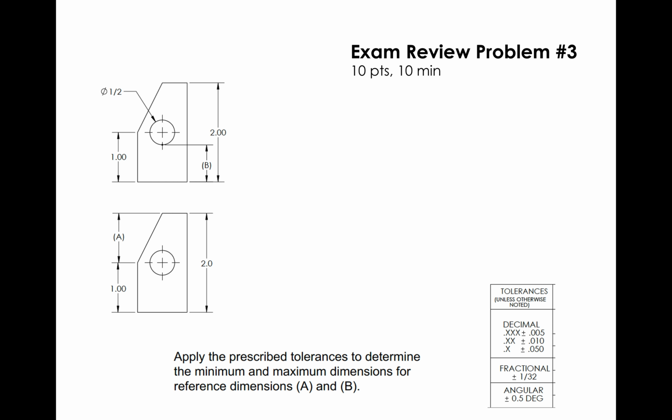Okay, what I'm asking here is for you to apply the prescribed tolerances to determine the minimum and maximum dimensions for reference dimensions A and B. Okay, so we've got A here and B here. What are the minimum and maximum values for those dimensions given the other dimensions on that view as described, okay?